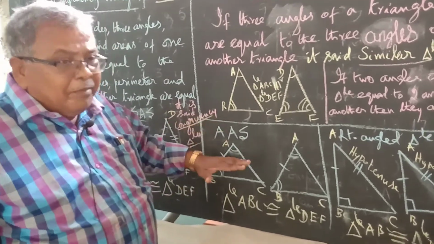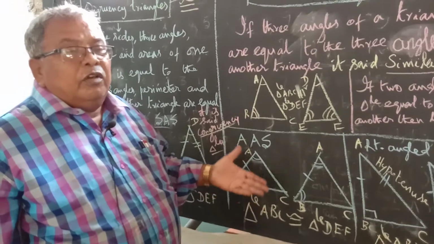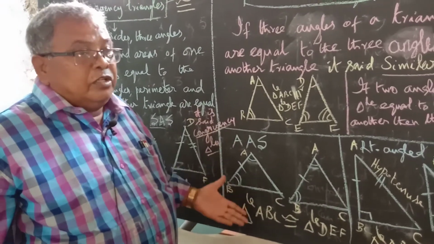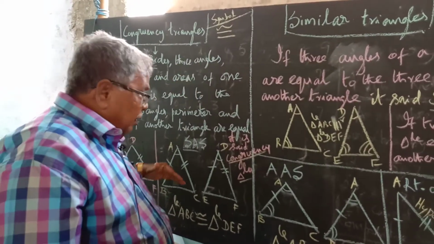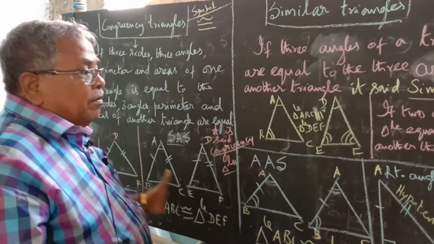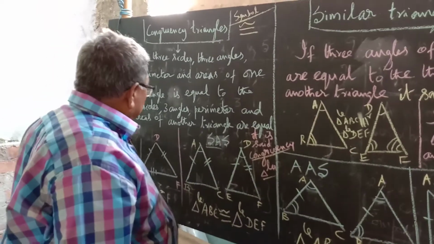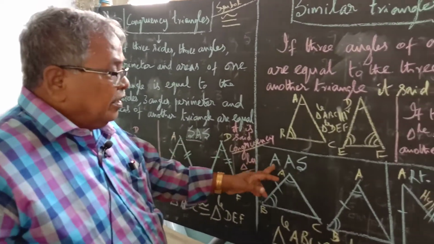Based on some minimum equality, we can say they are congruent. Generally, congruency means they are equal in all aspects, but in these conditions, triple S, SAS, AAS, we give a minimum guarantee.